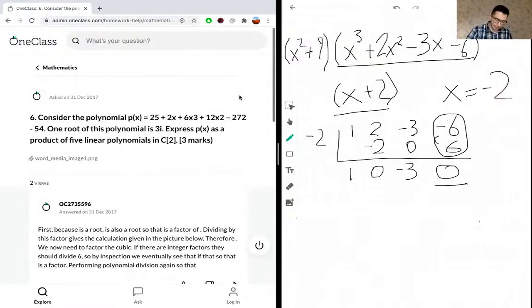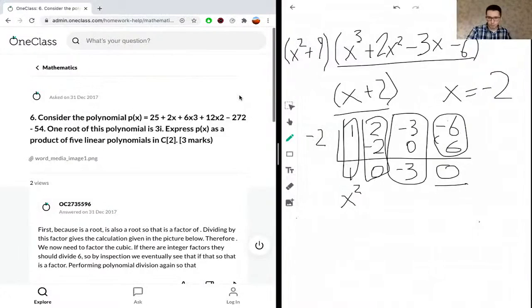And we know that we're left with x squared. This column represents x squared, this represents x, and this represents just the constant. So we have x squared plus 0x, which is just 0, minus 3. That's the solution for dividing x plus 2 into this function that I have underlined up above.